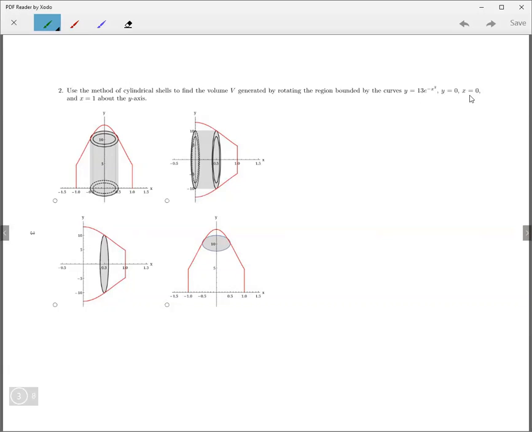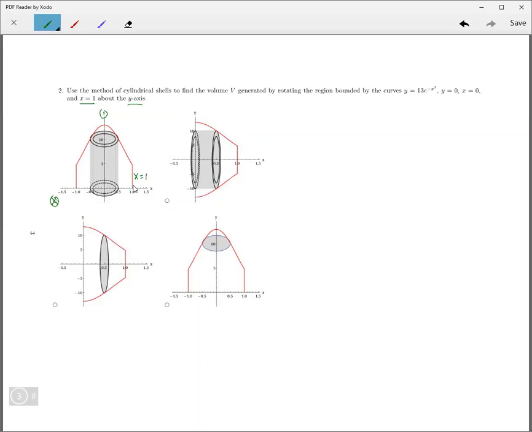So it's the region in the first quadrant, but that's being revolved about the y-axis. It's also bounded by x equals 1. So here is x equals 1.